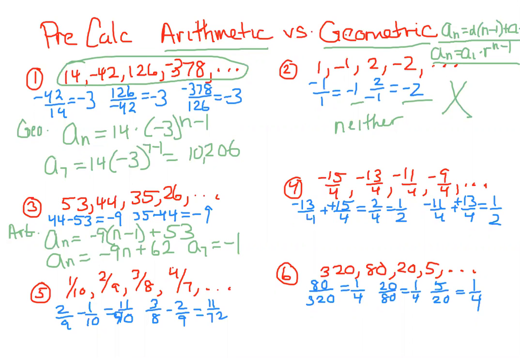All right, number 4. Again, it looks like it's arithmetic because the bottoms are all staying the same as 4s, but look, the tops are only going by negative 2s. So when I do this, I find that I'm adding a half each time. So this is arithmetic, and d is a half.